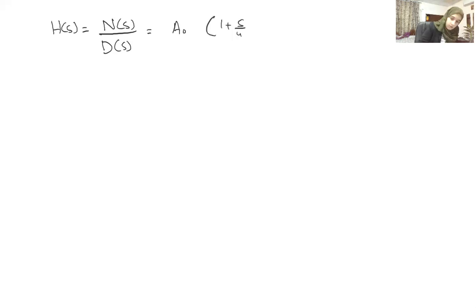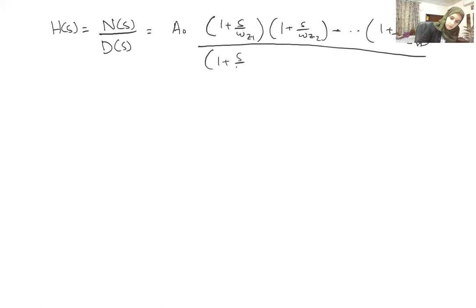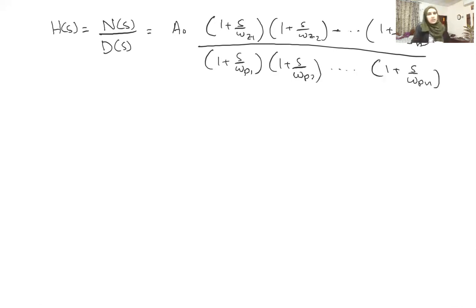Now you remember that the transfer function we can write as a numerator divided by a denominator, which is basically, we can assume here some A0, any value or gain, times 1 plus S divided by omega Z1, 1 plus S divided by omega Z2, and so on, divided by 1 plus S over omega P1, 1 plus S over omega P2, and so on.